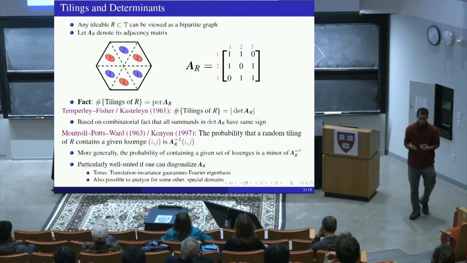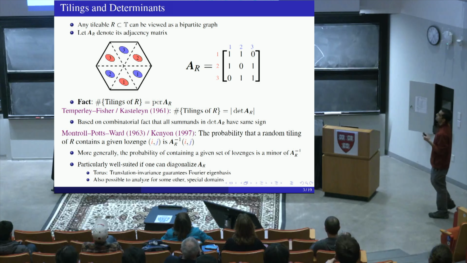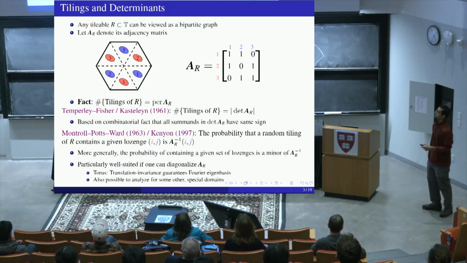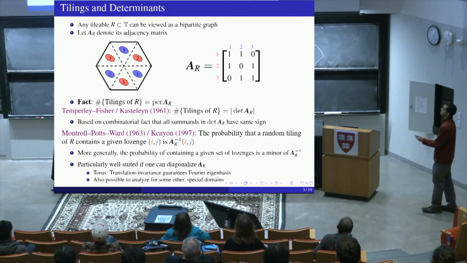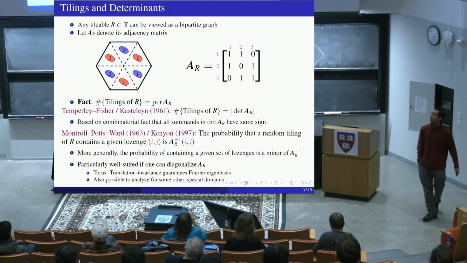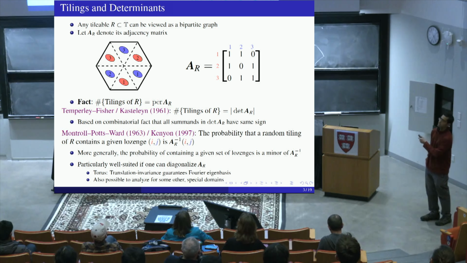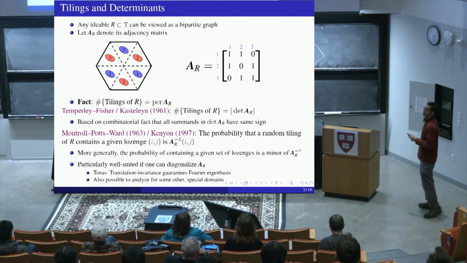Now, permanents are nasty, and it's a remarkable fact that this permanent can be converted into a determinant. This fact goes back to the work of Temperley and Fisher and Kasteleyn back in the 1960s, who basically said that the number of tilings is not only equal to the permanent of A_R, which I can't do anything with, but is also equal to the absolute value of the determinant of A_R. Once you realize that this is true, the proof is not particularly deep.